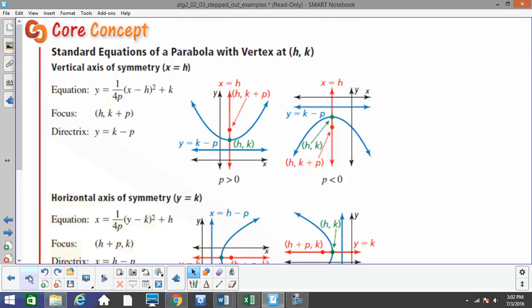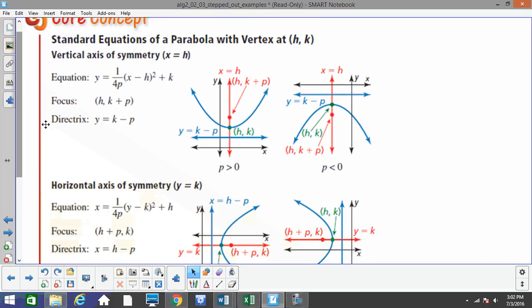All right, what about when the vertex is not at the origin? It's going to be at (h, k), which is probably going to be more of a common occurrence. This looks pretty complicated, but it's really not that bad. It's really the same formula. You just have h and k in for your translations for right or left, up and down.